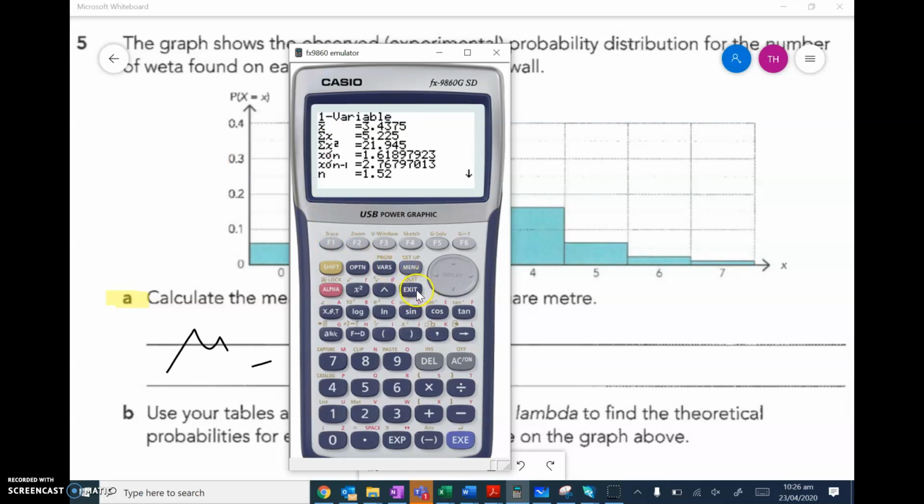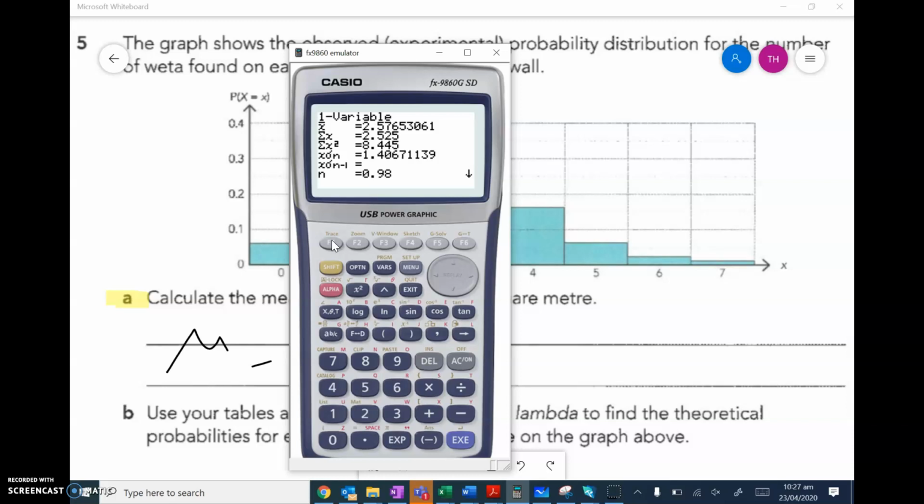Oh, that's not what I got before. Done something wrong. Oh, this should be 0.06. I missed a 0 there. There we go. Okay. So I get 2.576. Now the answer in the back of the book says it's 2.57.